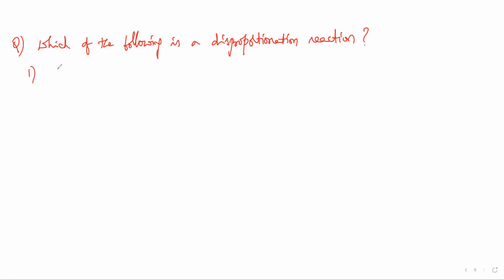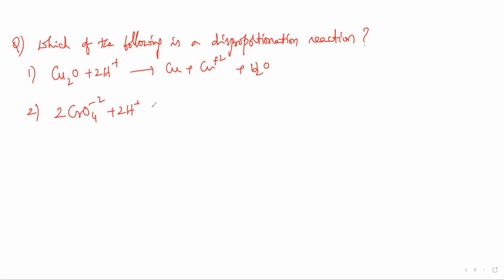Options given are: Cu2O plus 2H plus gives rise to Cu plus Cu2 plus plus H2O. Second option, 2CrO4 2 minus plus H plus gives Cr2O7 2 minus plus H2O.